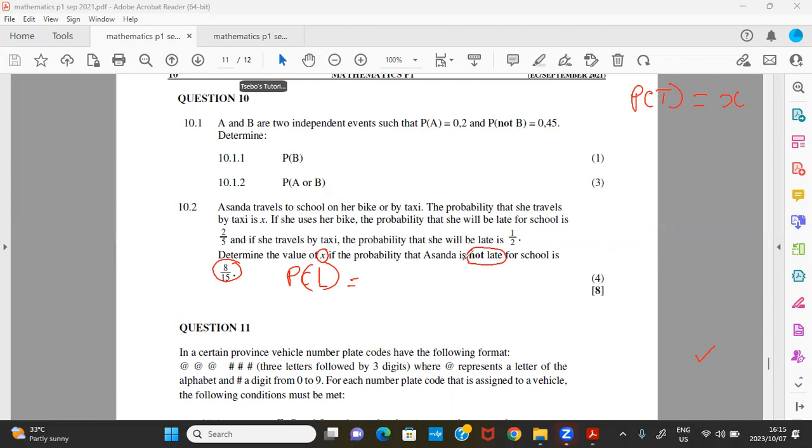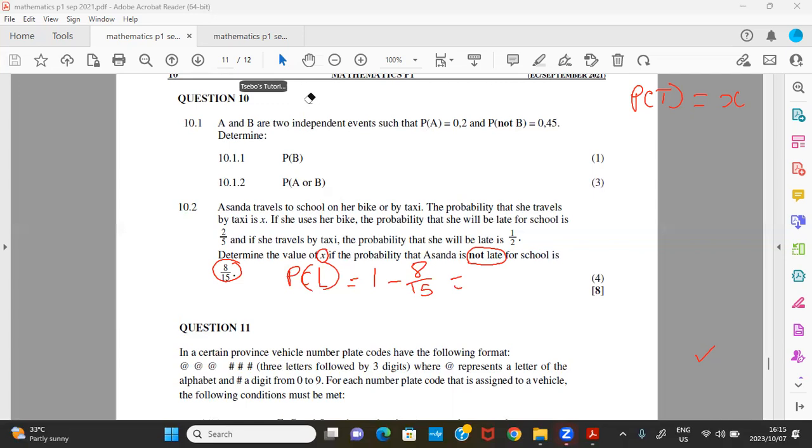You don't have to say the answer, just tell me how you are going to get it. Equate the probability late or not late to 1, then solve. So basically you will just say 1 minus 8 over 15, and you're going to get the probability that she's late. So always bear that in mind.